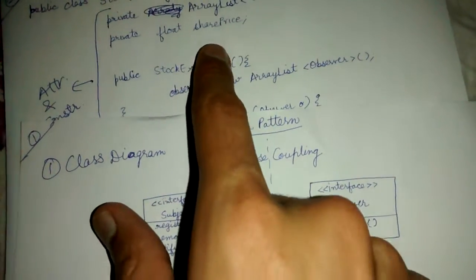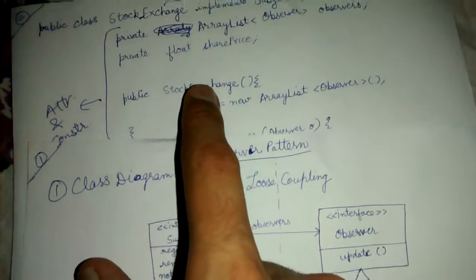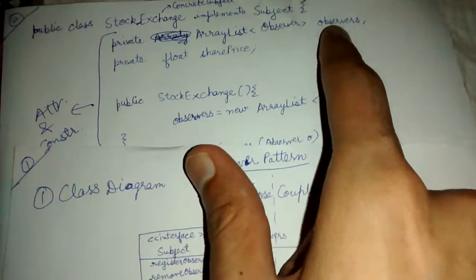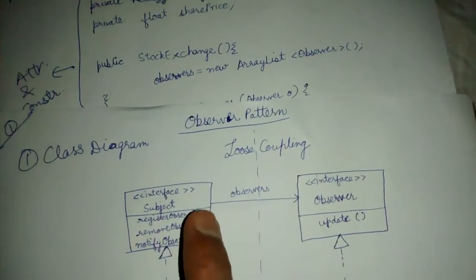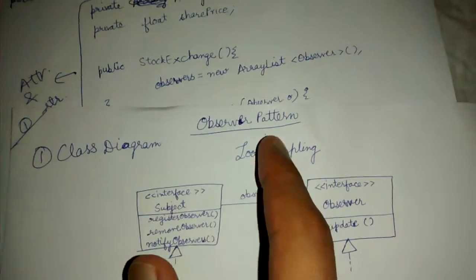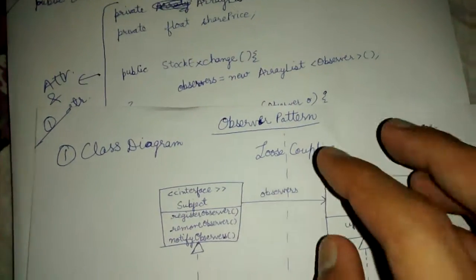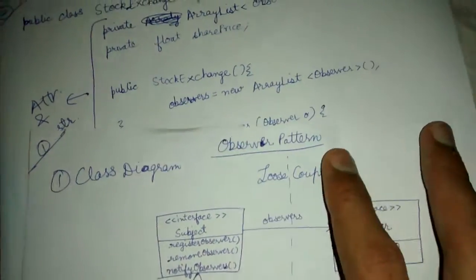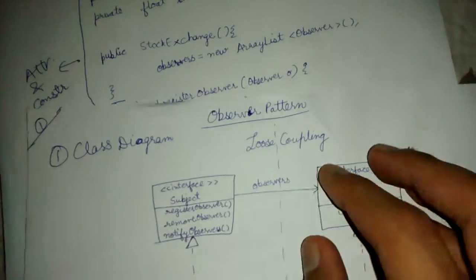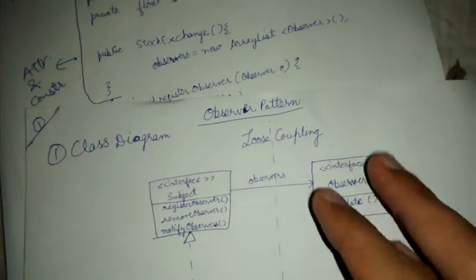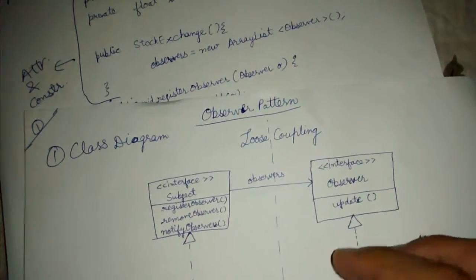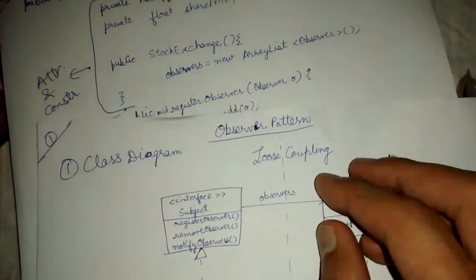So here you can see subject is maintaining an array list of observers, not concrete observers. So this is promoting loose coupling. That is, subject is dependent on an abstraction, not the concrete class, which is good because the concrete classes can change, but the abstraction will remain the same.